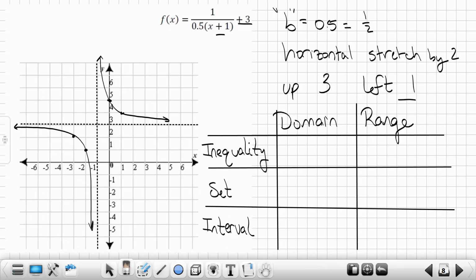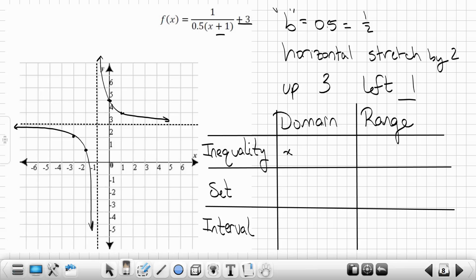Okay. Inequality notation for my domain. I'm going to make Martina, since she's over here with her hero points. Inequality notation. X cannot be negative 1.